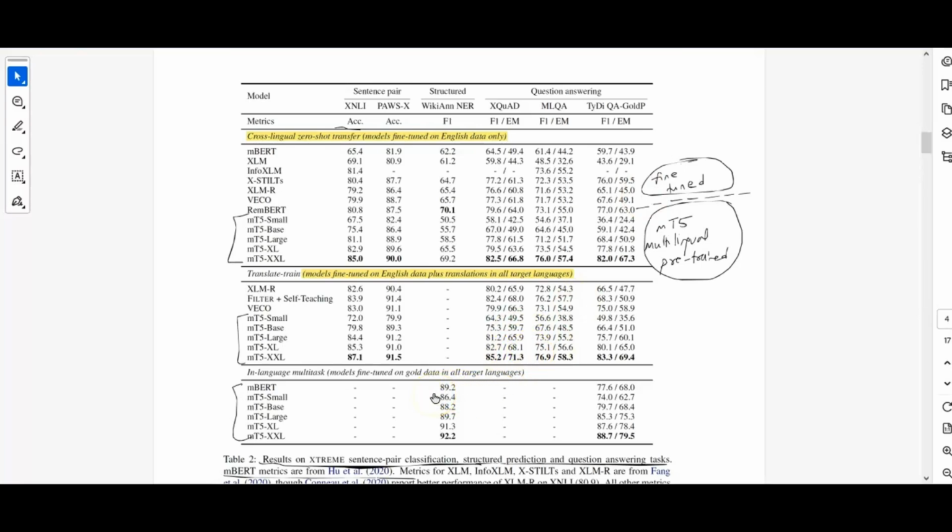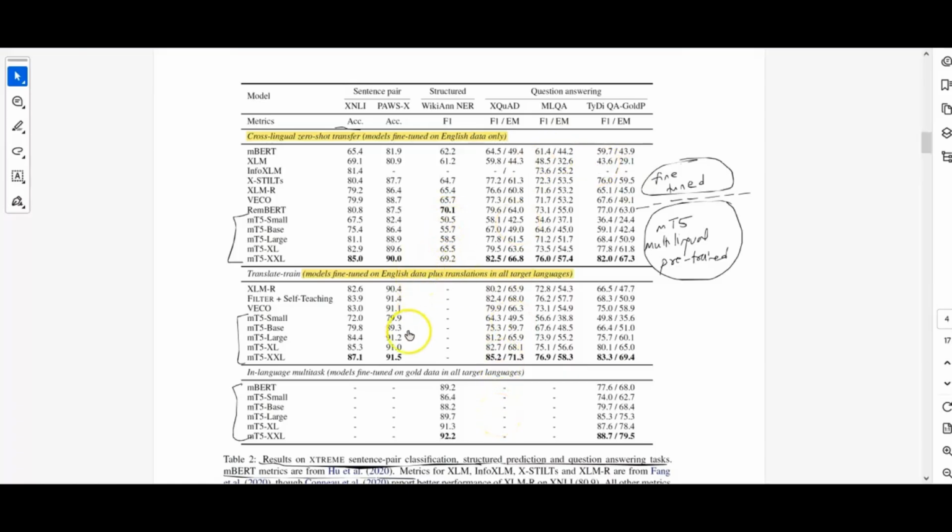Finally, the third category is where again they start with the pre-trained mT5 model, but during the fine-tuning this time, they use the actual data in the languages. So not the translated data, but the actual text in other languages to fine-tune. These are the three categories that they tested with.